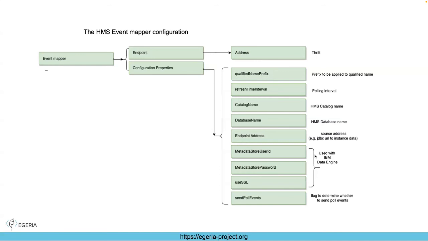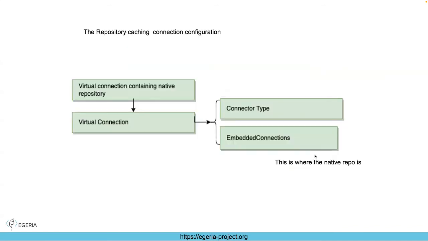So I've got an option here as a flag to say send the poll events, because if you were only interested in populating a cache and allowing people to query it, then maybe you don't want to send these poll events across the network. So that's an option. Then for the caching side of things, there's a virtual connection, and it has embedded connections.